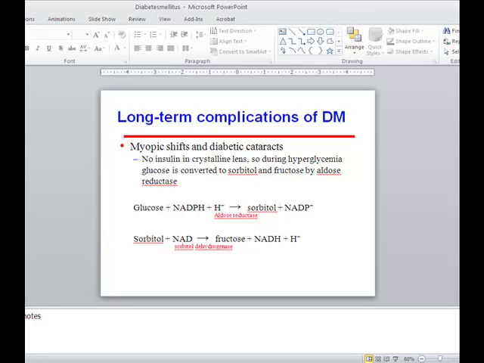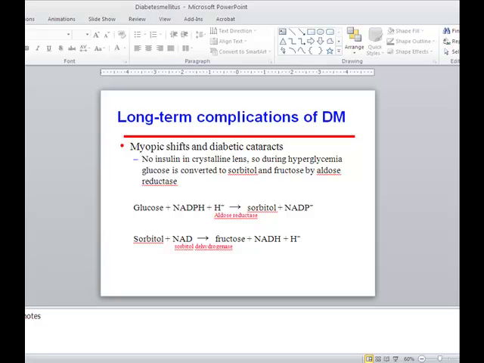But in individuals with diabetes, you have more than normal glucose going in, so more of the NADPH is used up. You have an increased amount of sorbitol, and sorbitol then gets converted to fructose, so the sugar actually builds up in the lens.